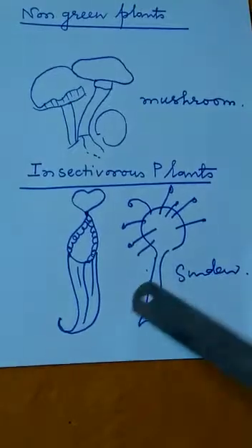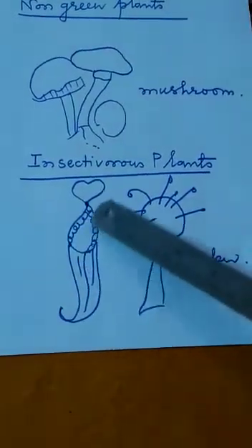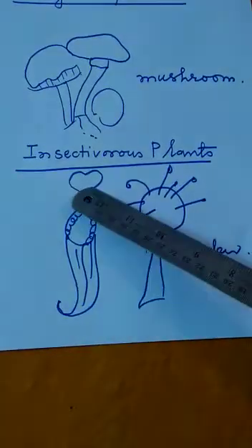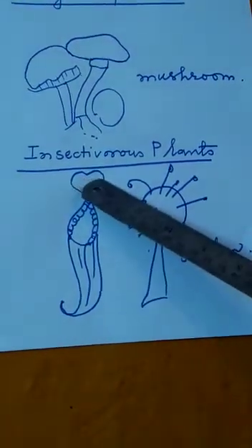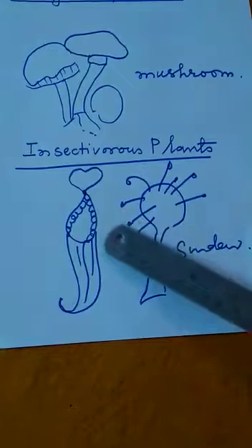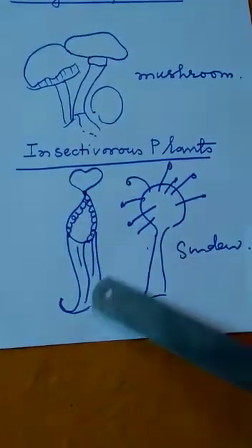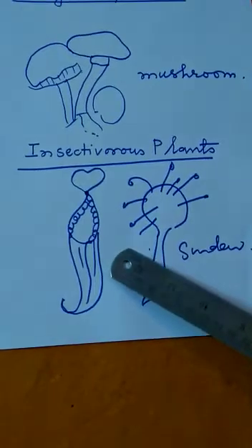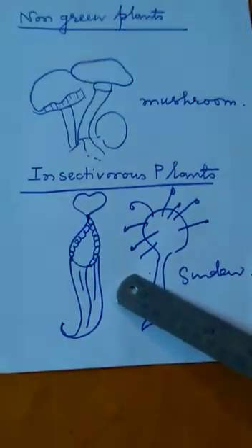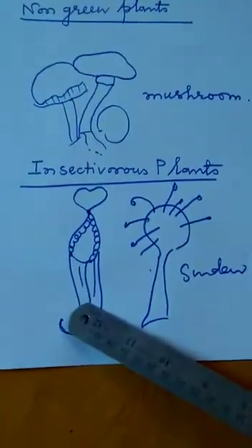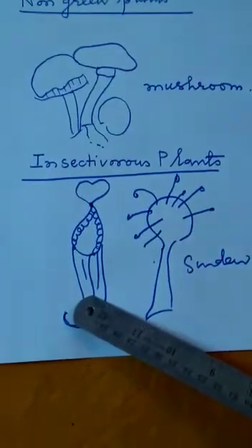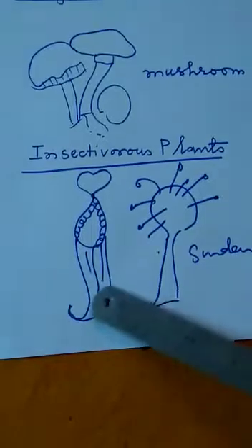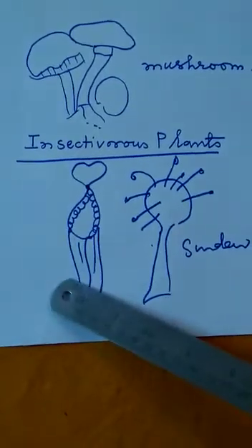In a pitcher plant, the leaf is shaped like a pitcher with a small lid, and the pitcher is brightly colored to attract insects. When an insect enters the pitcher, it slips and falls into the juice below. This traps the insect inside, and digestive juices inside the pitcher digest the insect.